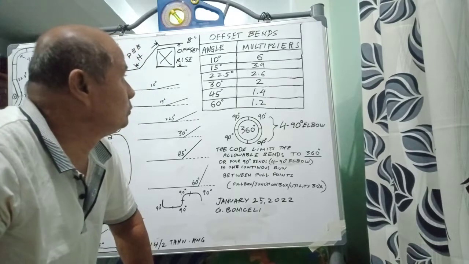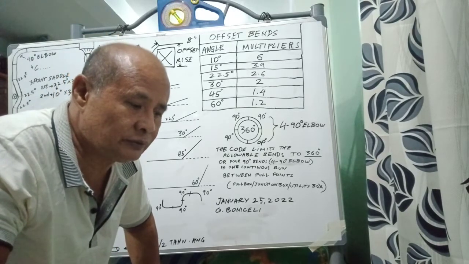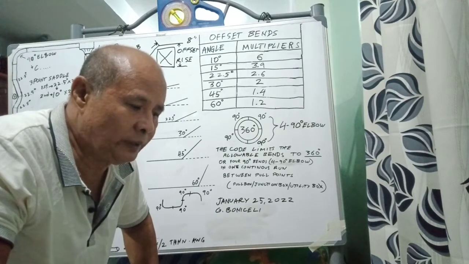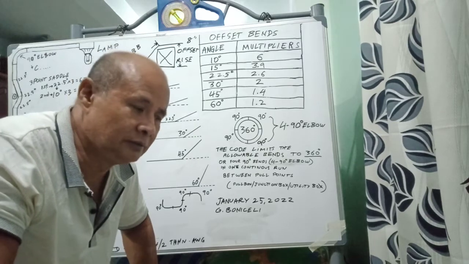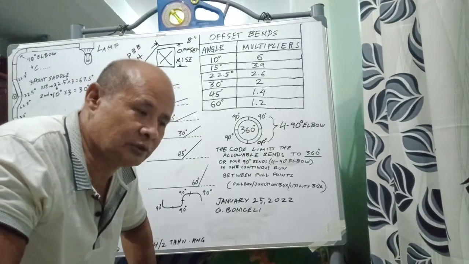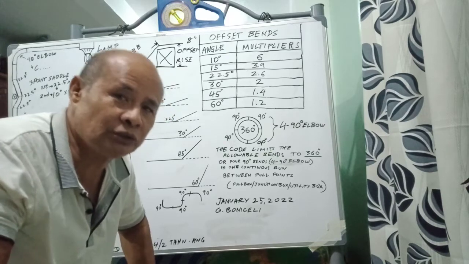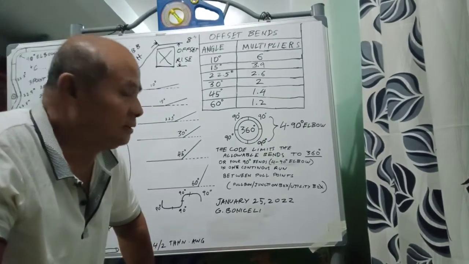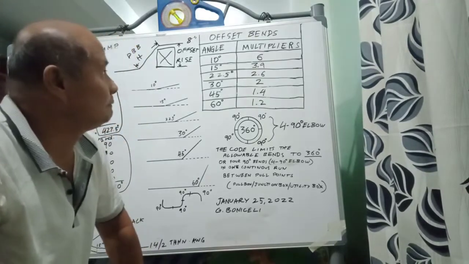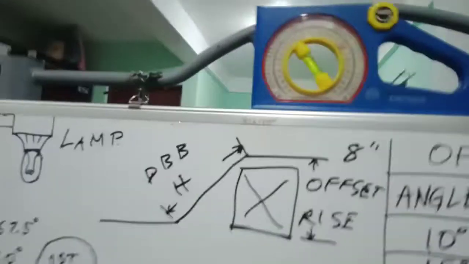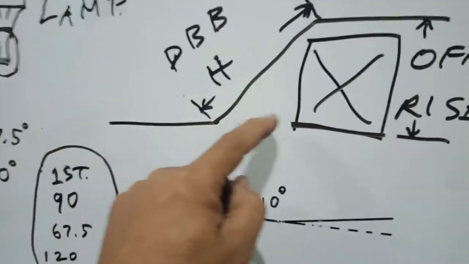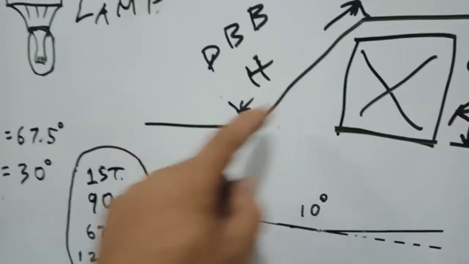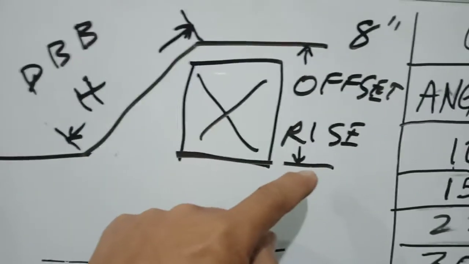Let's say we are going to do some bendings, because on the conduit we must do some offset bends: 90 degrees, 45 degrees, 10 degrees, 30 degrees, 22 degrees, like that. Let's say we are going to bend because there is an obstruction along the way of our conduit to be installed.